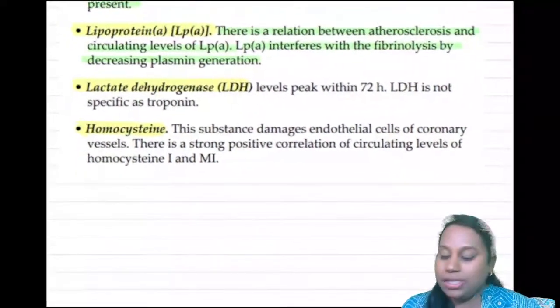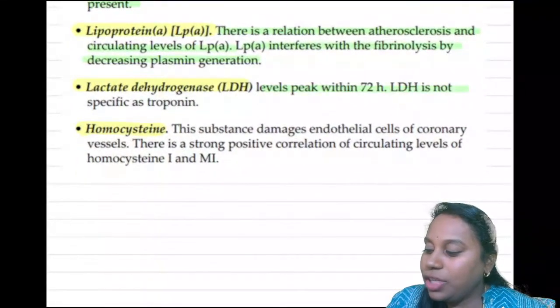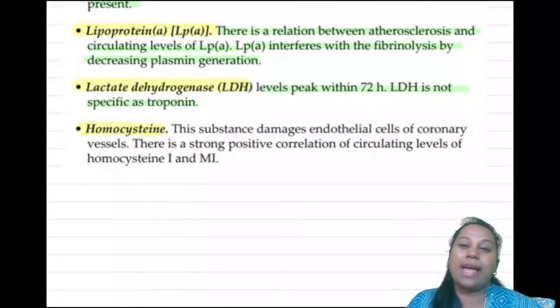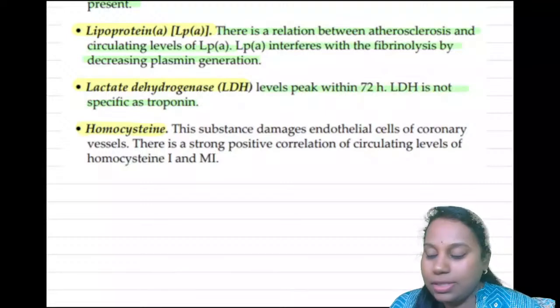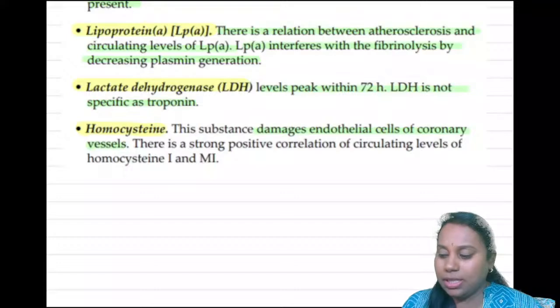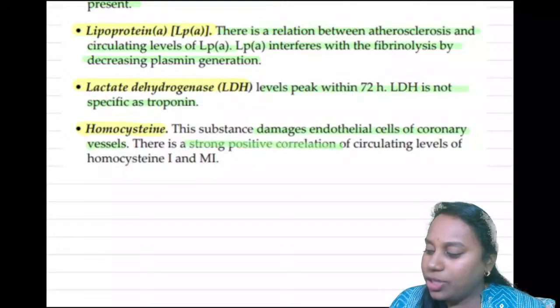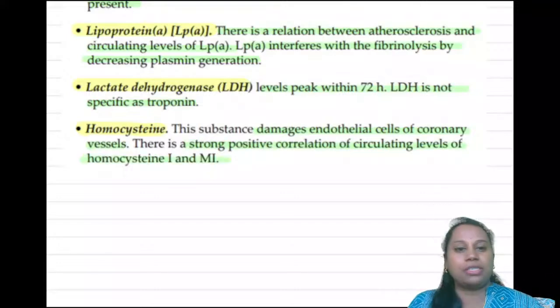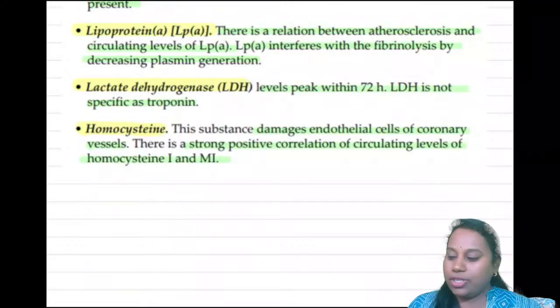Lactate dehydrogenase levels peak within 72 hours, but this is not as specific as troponin. Troponin only is the most specific marker. Homocysteine: this substance damages endothelial cells of coronary vessels. There is a strong positive correlation between circulating levels of homocysteine and myocardial infarction.